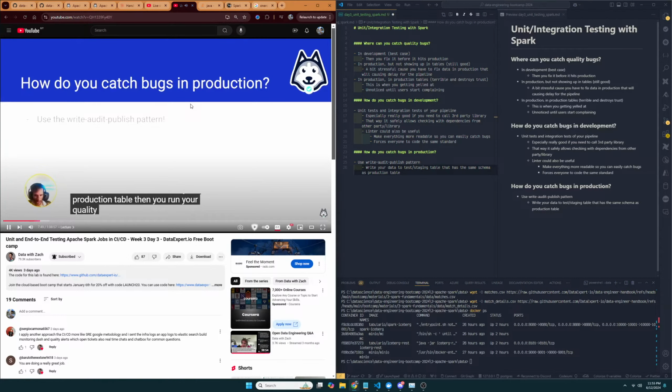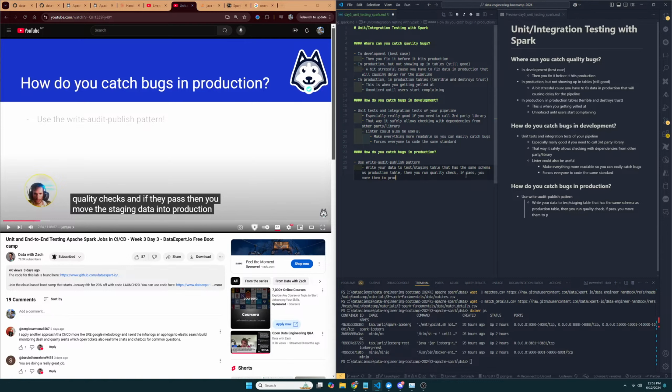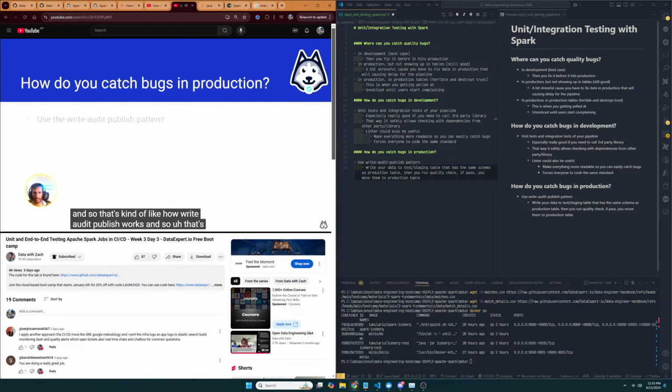Then you run your quality checks, and if they pass, then you move the staging data into production. And so that's how write, audit, publish works. And so that's how you catch stuff in production.